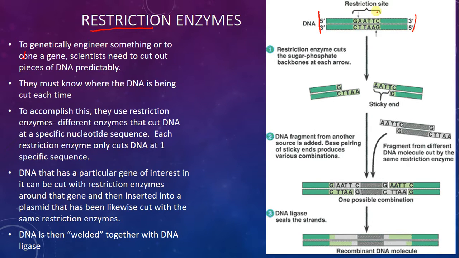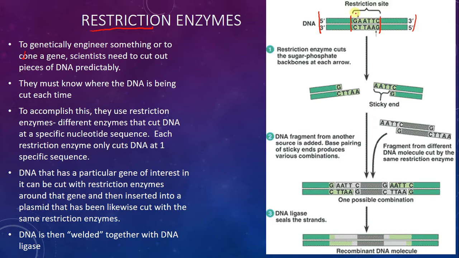For example, each restriction enzyme has something known as a restriction site, a given sequence of nucleotides in DNA that it looks for and acts upon. So, for example, this restriction enzyme will look for any sequence of GAATTC, and that's its restriction site. It's where it is active.